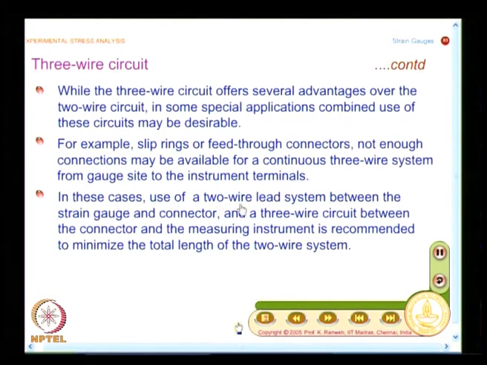If I use a 3 wire system, I need 3 points, which luxury may not be possible. So, what is recommended is use of a 2 wire lead system between the strain gauge and connector, and a 3 wire circuit between the connector and the measuring instrument is recommended. By that, you minimize the total length of the 2 wire system. So, one example is given. The idea is, if you are unable to eliminate 2 lead wire system, at least reduce its length.